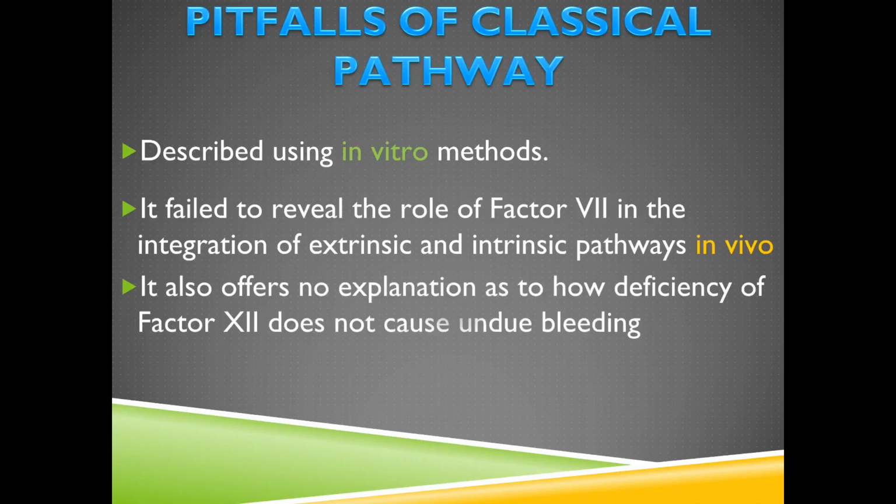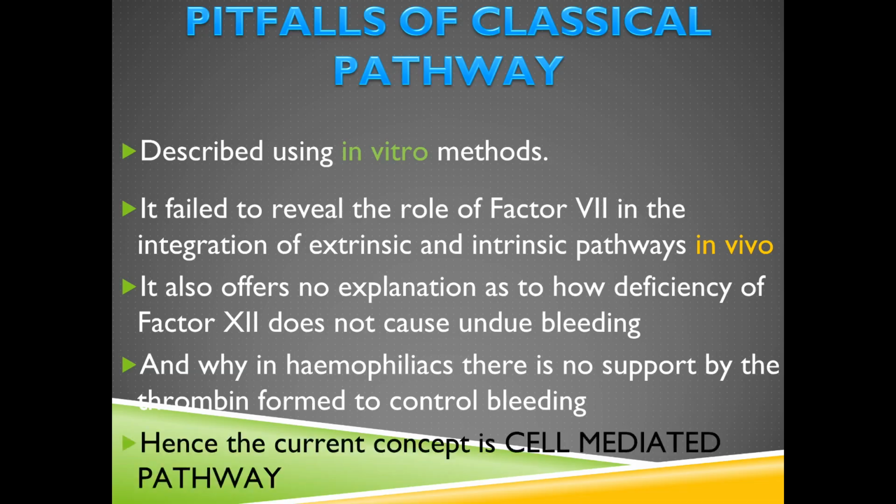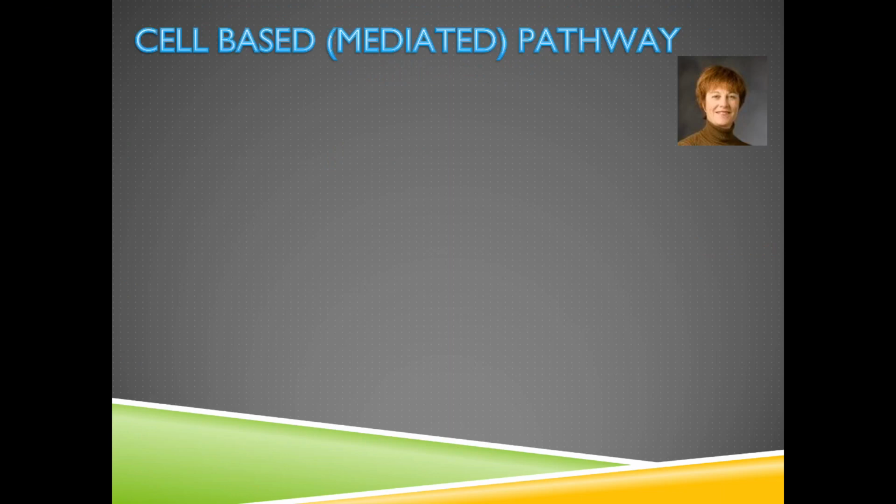It also offers no explanation as to how deficiency of factor 12 does not cause undue bleeding, and why in hemophilia there is no support by the thrombin formed to control bleeding. These questions are not answered in the classical pathway, and hence an alternate concept was formulated, which is called the cell-mediated pathway.